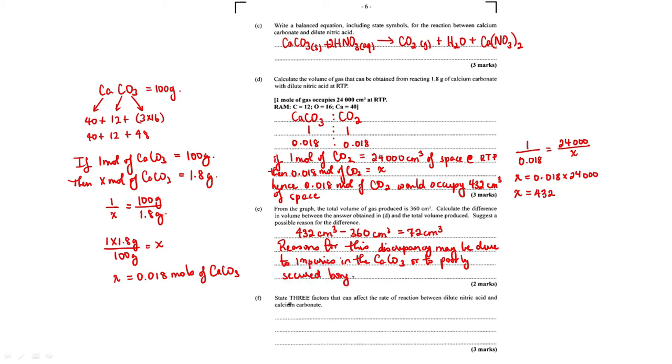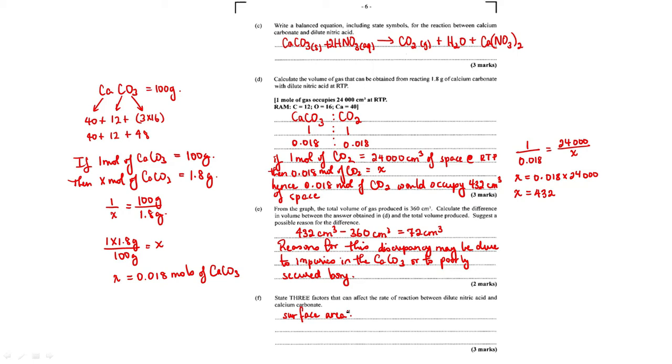State 3 factors that affect the rate of reaction between dilute nitric acid and calcium carbonate. So we have surface area, and there are a lot of things. Concentration, temperature, pressure. Yeah, all of those things can work.